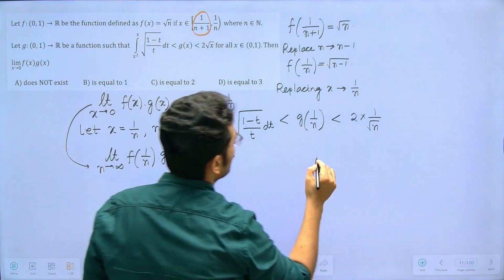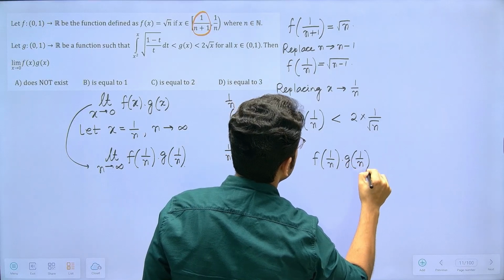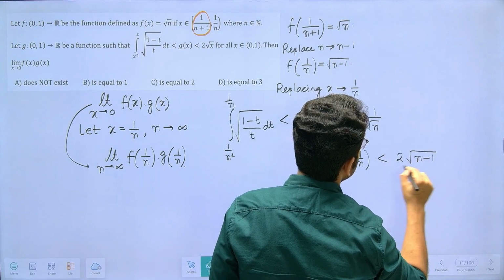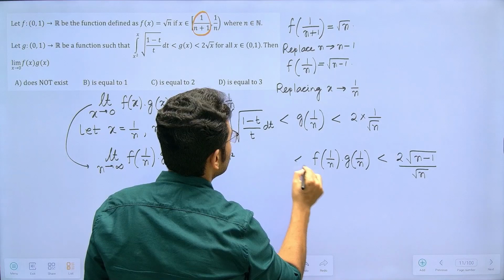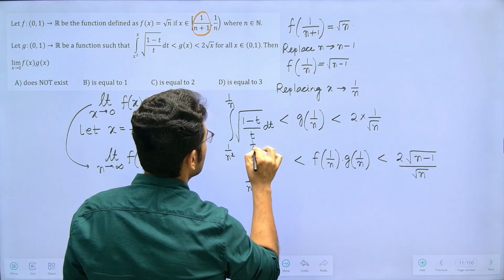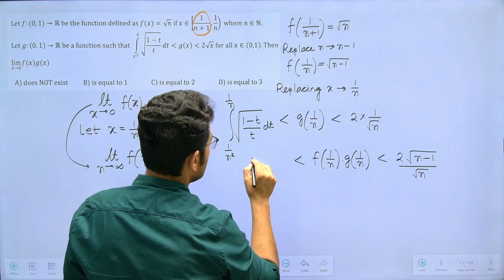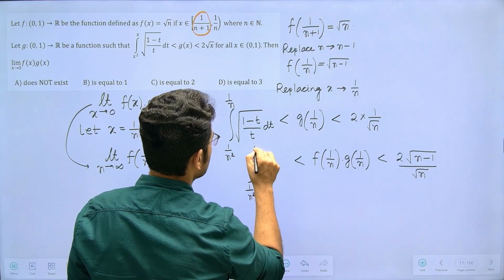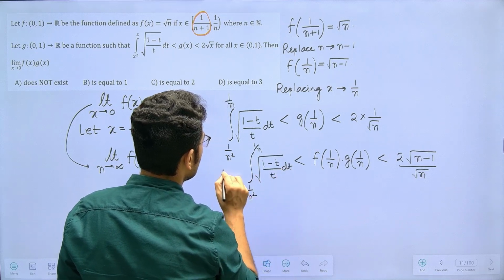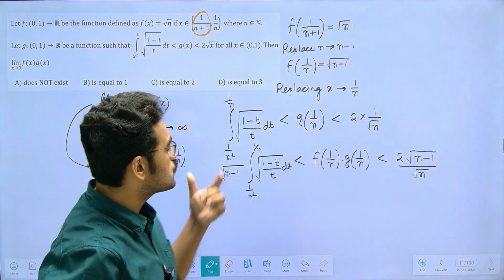So if I multiply f of 1 by n into g of 1 by n, the upper bound will be root n minus 1 multiplied by 2 upon root n, and the lower bound will be integral 1 by n square to 1 by n root 1 minus t by t dt into root n minus 1. So f of 1 by n into g of 1 by n is lying between these two functions.